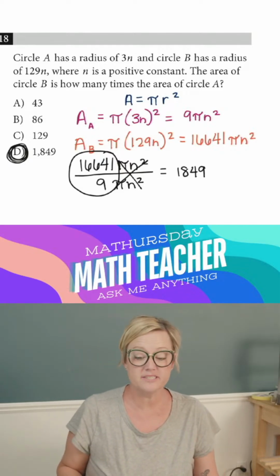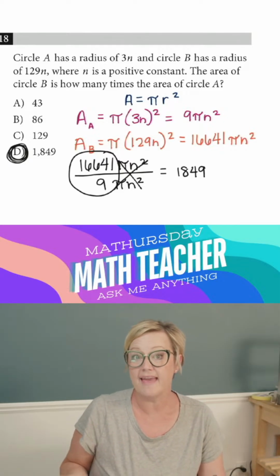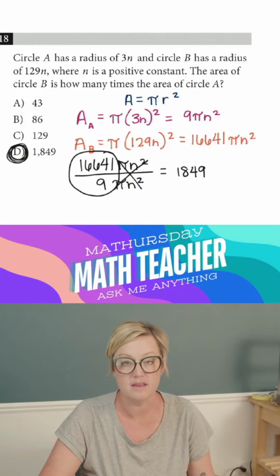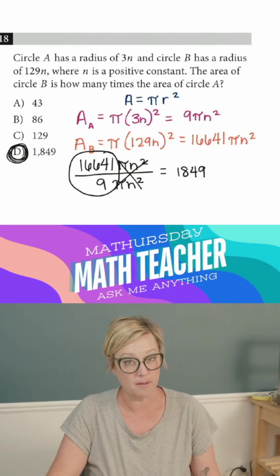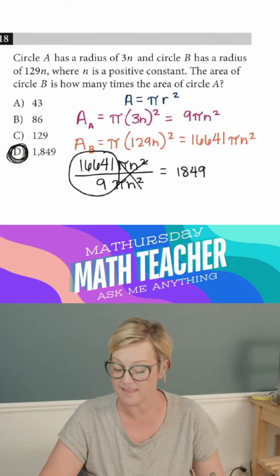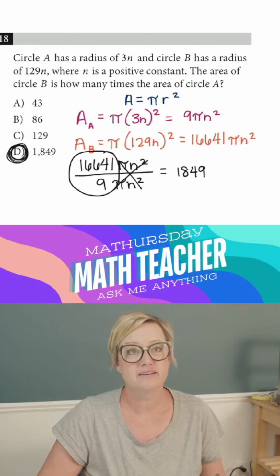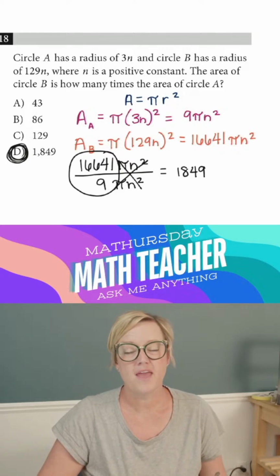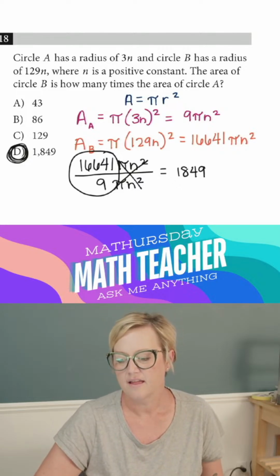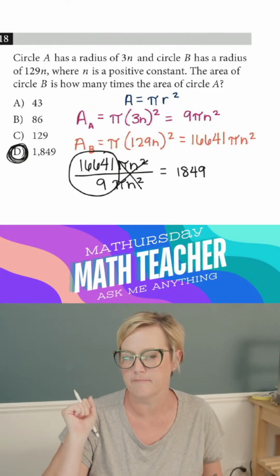Yeah, so the SAT and most standardized tests have these things for a reason, right? So if you do 129 divided by 3, you get 43. If you double that, you get 86. If you triple 43, you get 129. And then if you square 43, you get 1849. These questions, the test makers, design them to trip you up if you don't have a really solid understanding of the math.